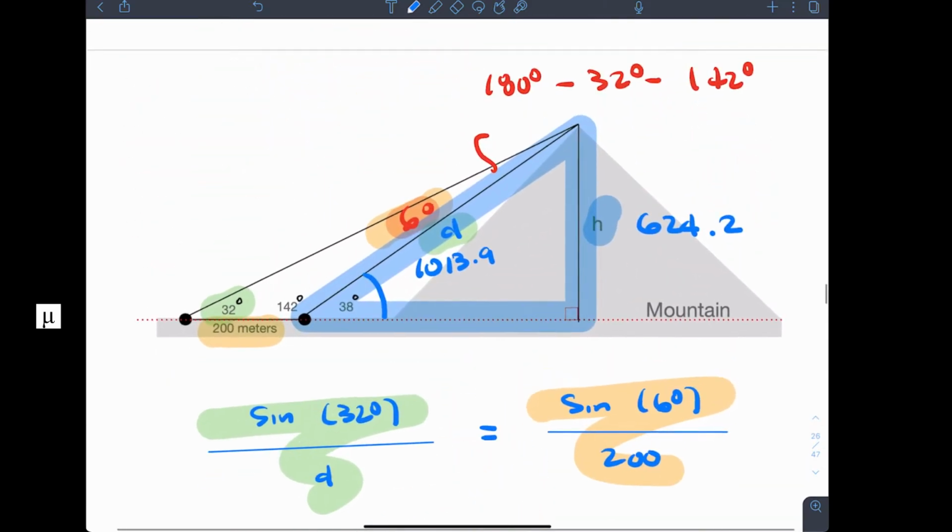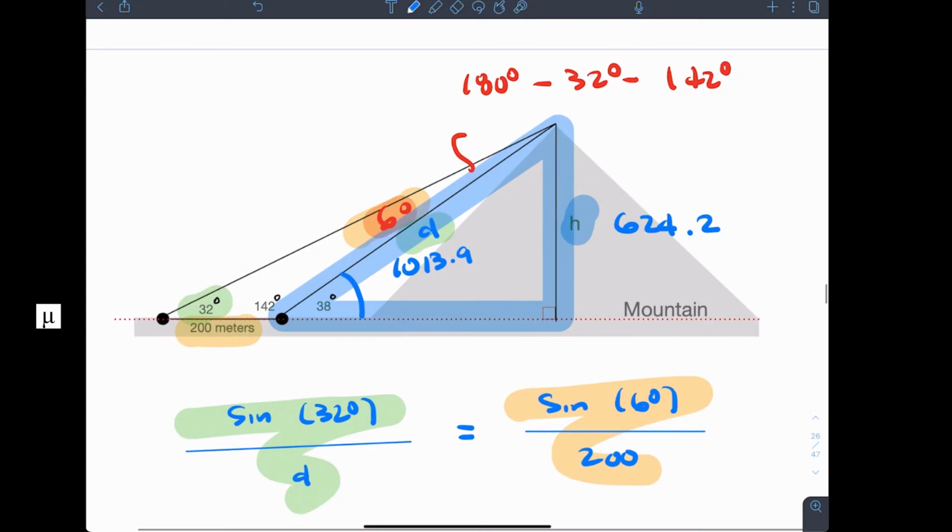I don't know, is that feet or what is this? Meters, right? Meters. And there you go, ladies and gentlemen.